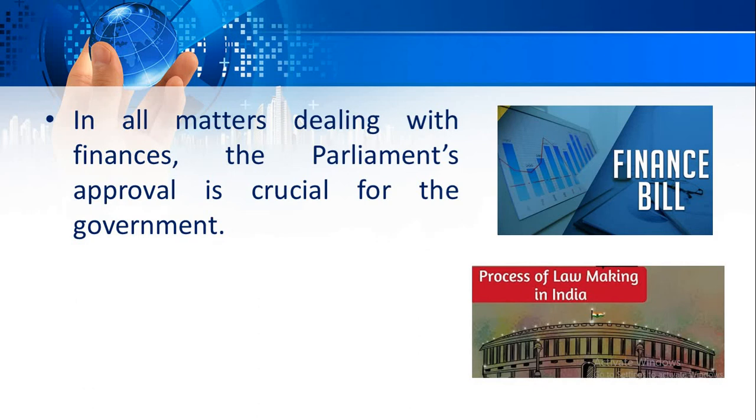In all matters dealing with finances, the parliament's approval is crucial for the government. The MPs, as representatives of the people, have a central role in controlling, guiding and informing Parliament, and this is a key aspect of the functioning of Indian democracy.